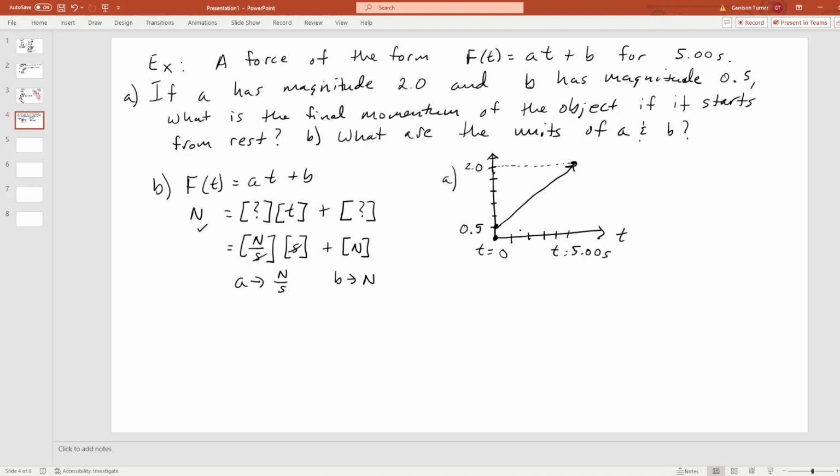Okay. So now the change in momentum represents the area under this curve.